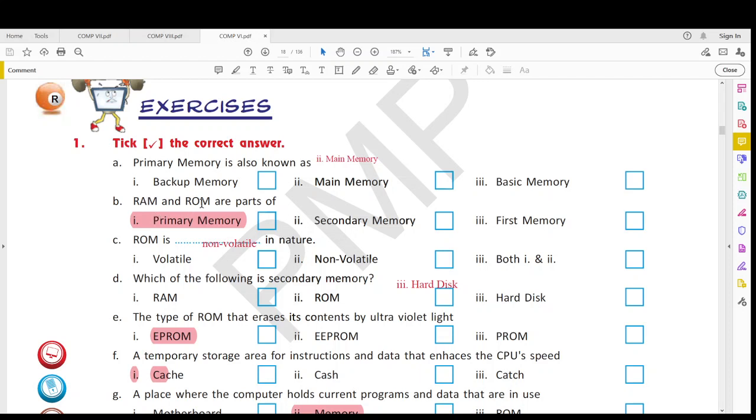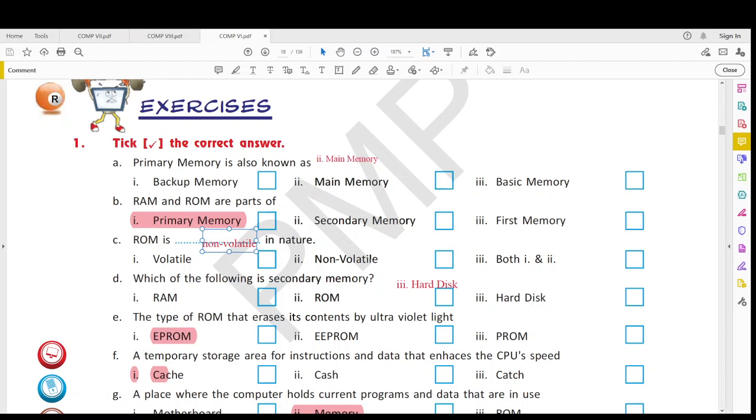ROM is a non-volatile primary memory. So they serve different purposes, but both are primary. RAM loses all its data as soon as the power is turned off, but ROM will not lose the contents when the power is turned off. Okay.